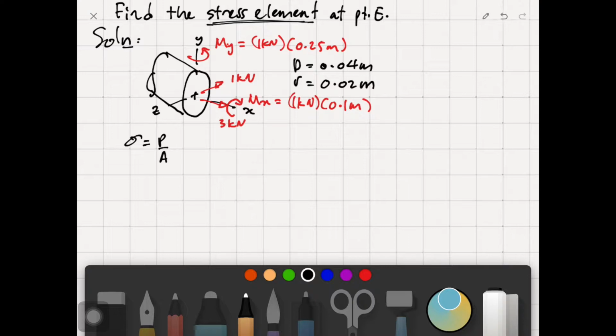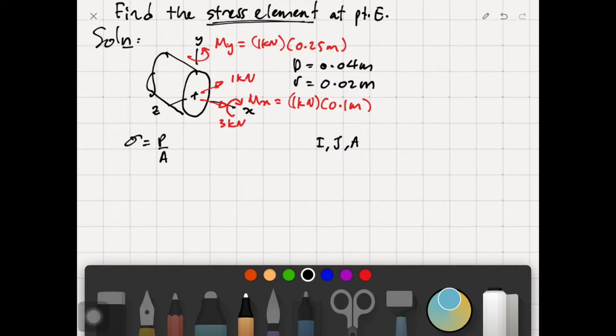From the previous example, I listed down all the parameters that we have, for example I and J. All the components are needed for our solution. It's up to you if you are more comfortable with that.